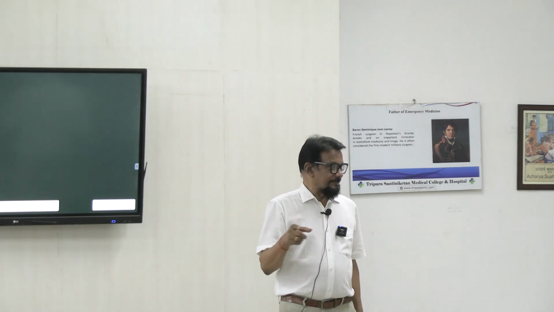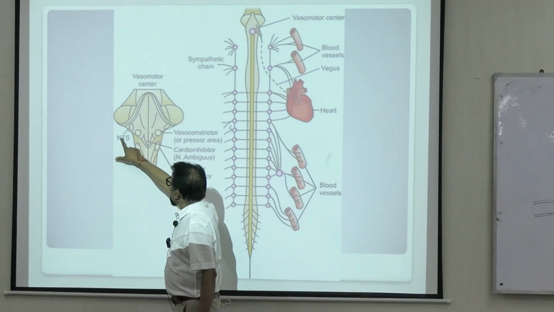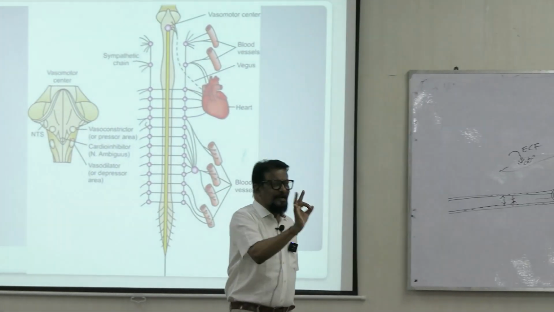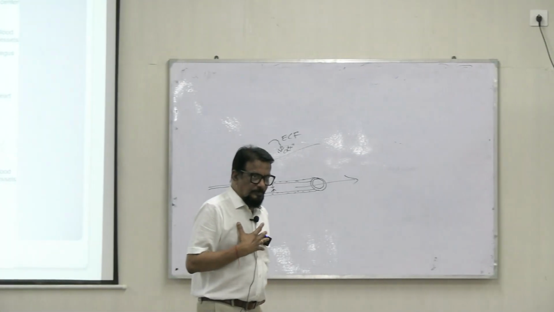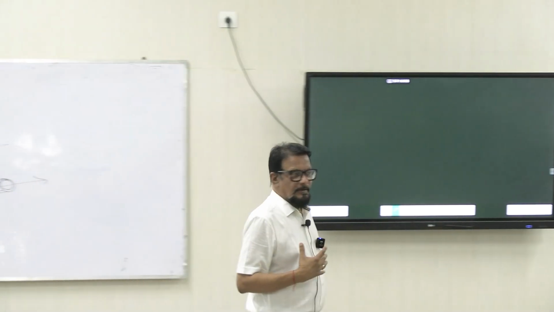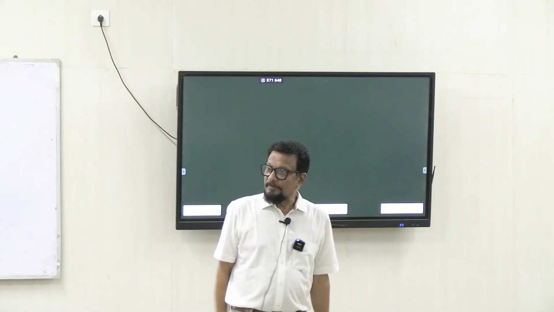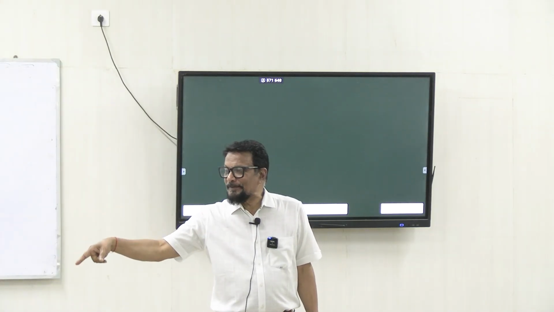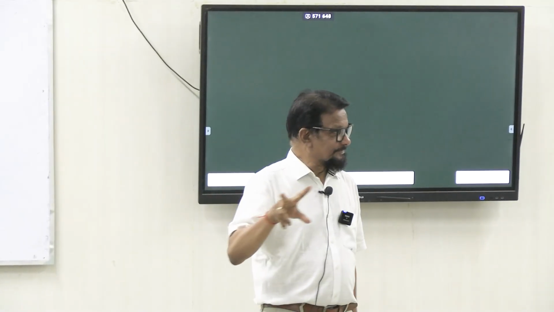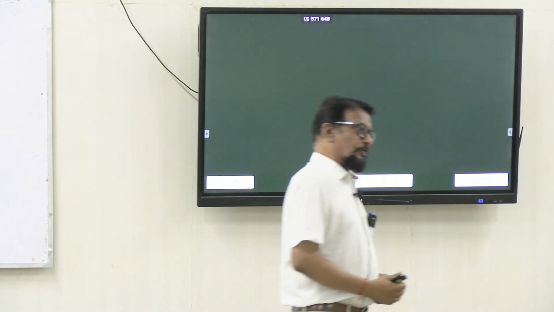The medulla also has the nucleus tractus solitarius. These nuclei are very important for regulation of breathing, respiration. Also they take part in regulation of cardiovascular function. So it has dual function, dual control, and it is very powerful.